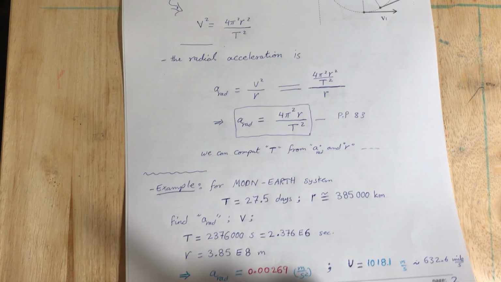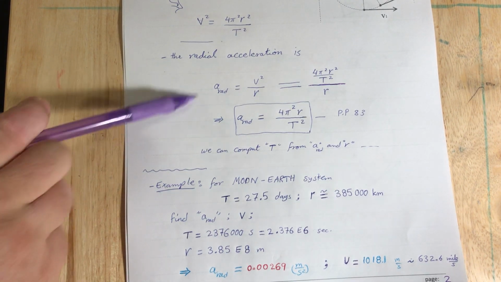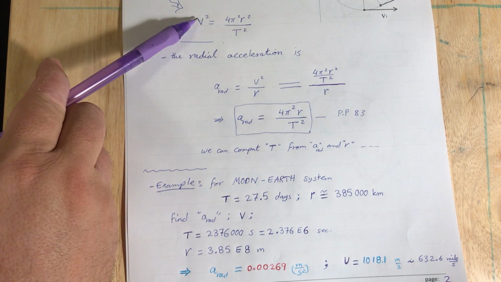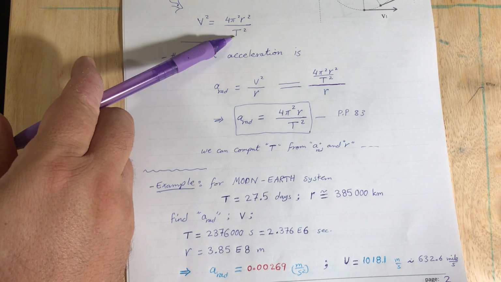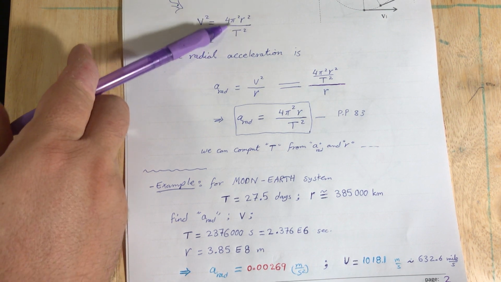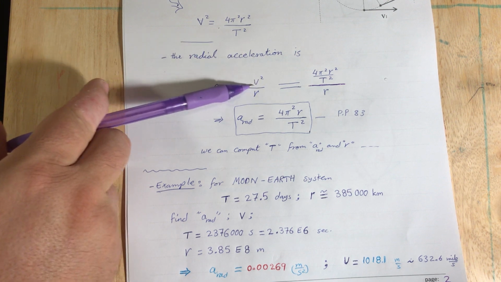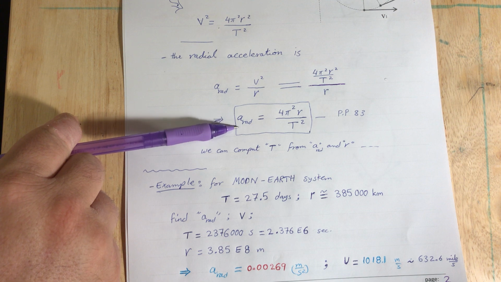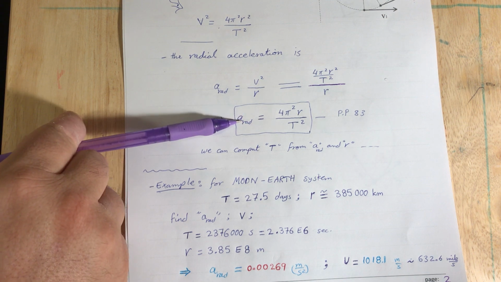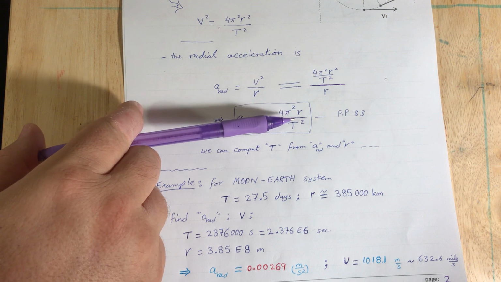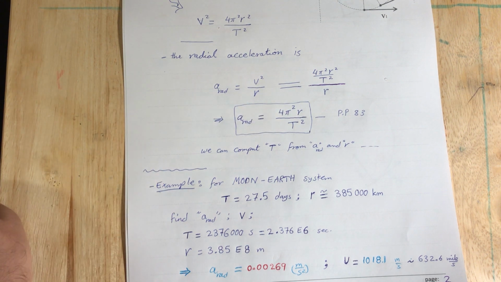Now, the radial acceleration we found before is v squared over r, and we now know v squared in terms of T and r. We can put this formula in the place of v squared. Then we have another formula for the radial acceleration in terms of the radius of rotation and the time period.